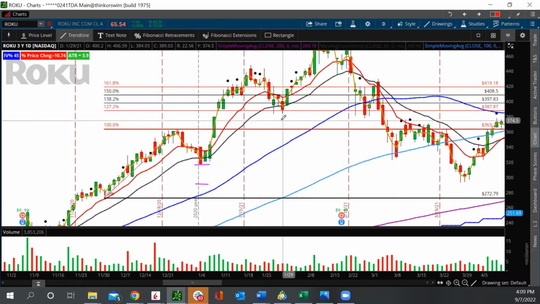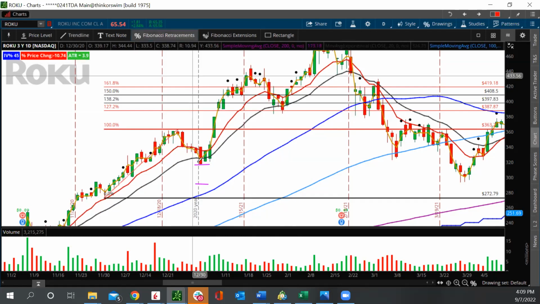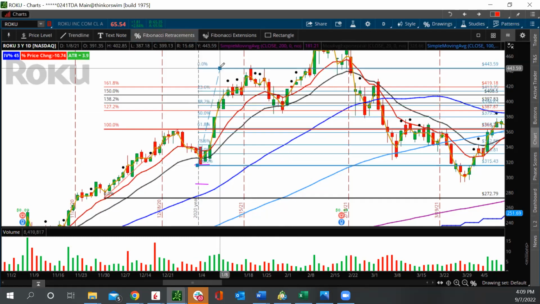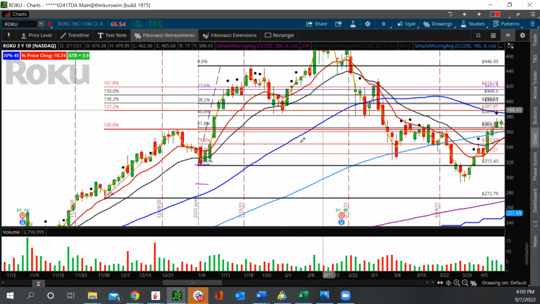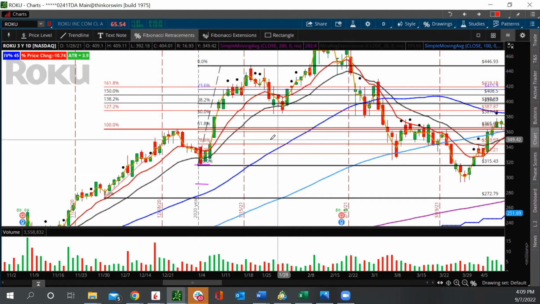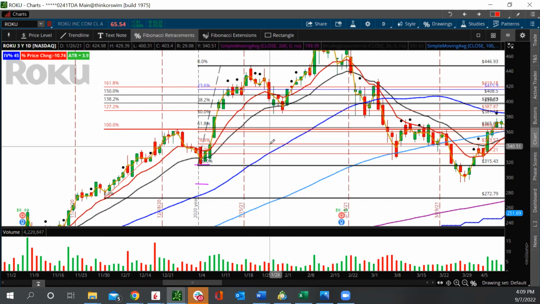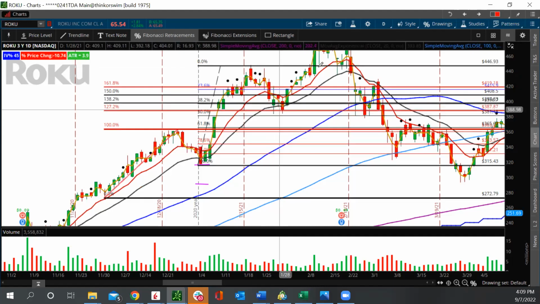So if your stop at this point was here, if it started to pull back and you threw your retracements back on there, your stop now is right here, right? If you want to use that 78.6, instead of leaving your stop here, your stop is now up here. So no matter what, you're going to lock in maybe 2R, if your stop is up in this level here. And it did pull right back into that 50, and then it went back up.